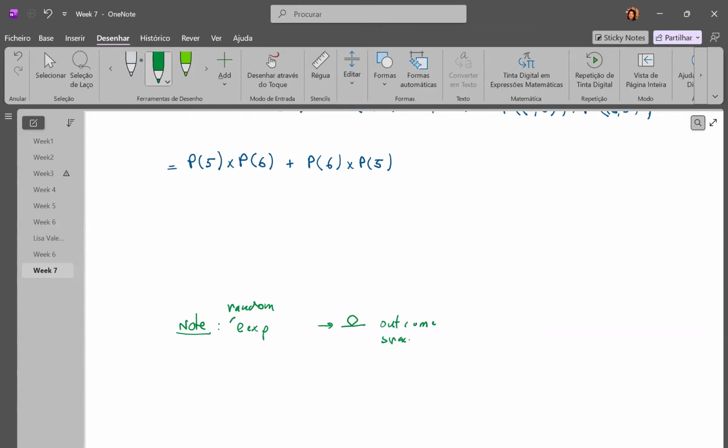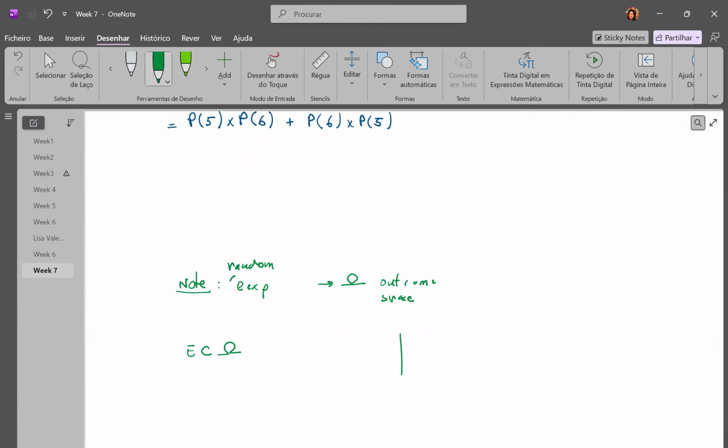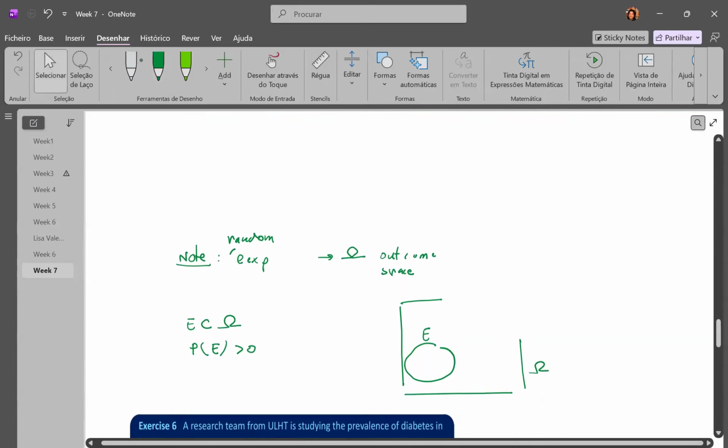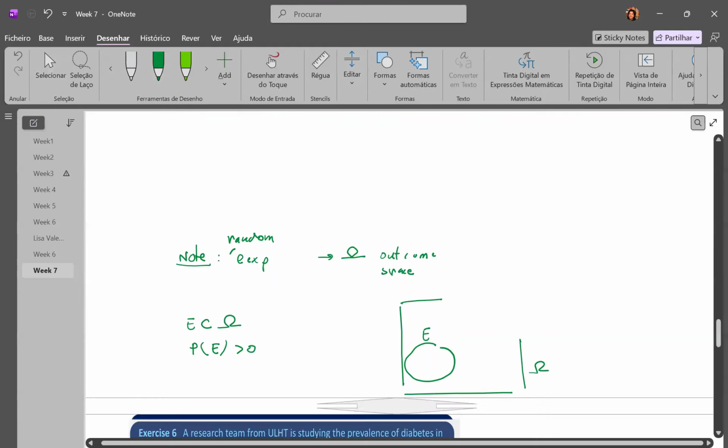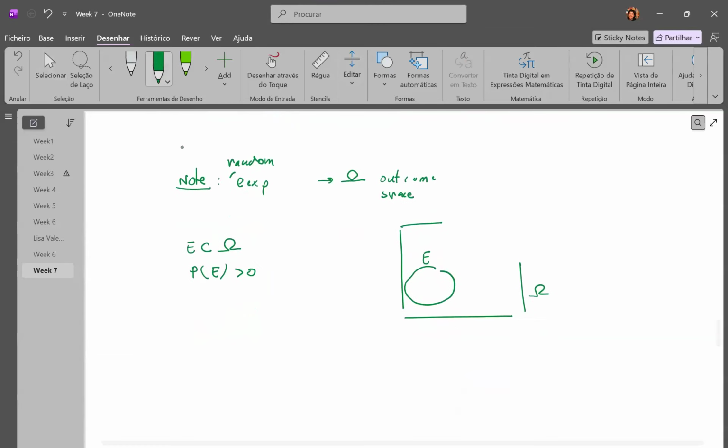Now, suppose, Ruth, you have an event, so a subset of omega, and suppose you have a subset E that is an event such that its probability is positive. That means that the event is not impossible, okay? And now you want to talk about a kind of probability where you are thinking about a certain type of conditioning.